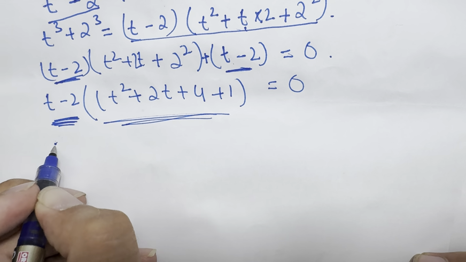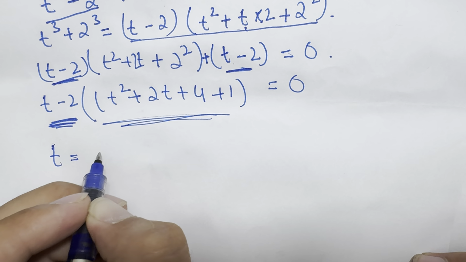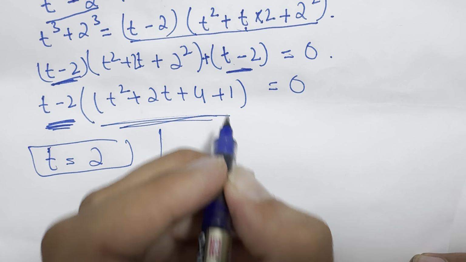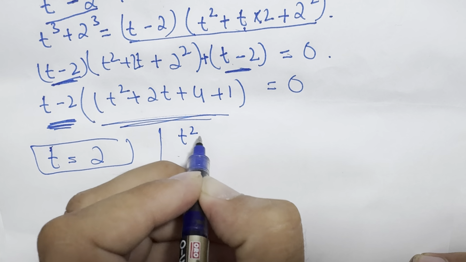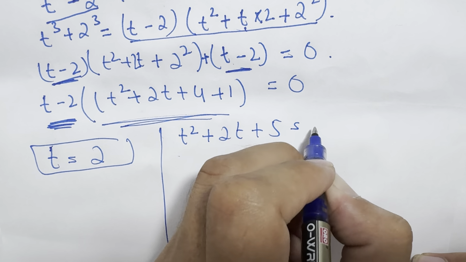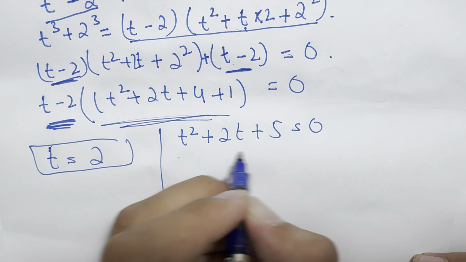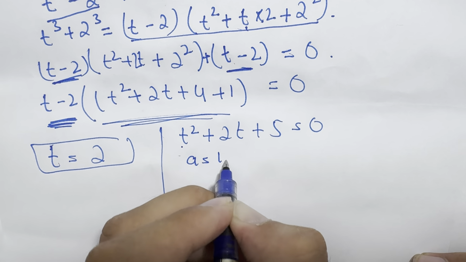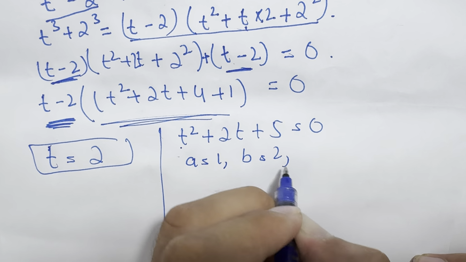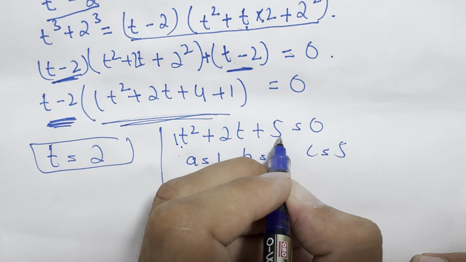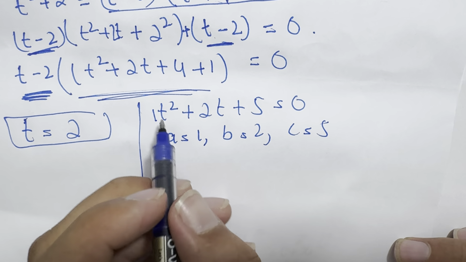So t equal to 2, this is my first, and t square plus 2t plus 5 equal to 0. Okay, so I solve this by quadratic formula. Let a equal to 1, b equal to 2, and c equal to 5.